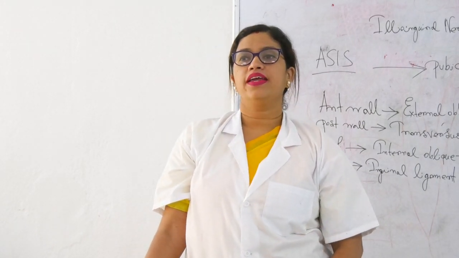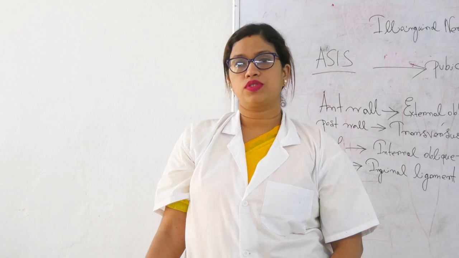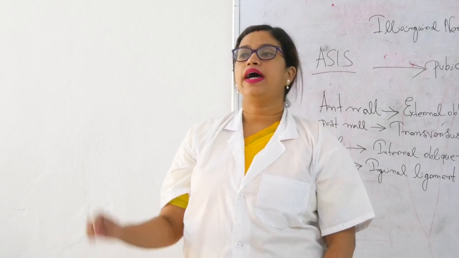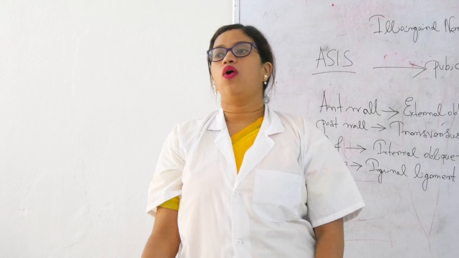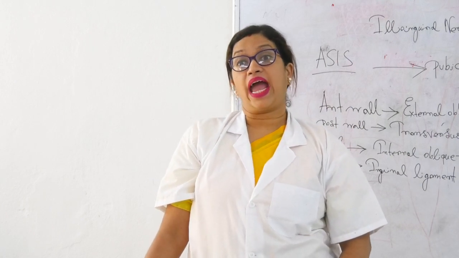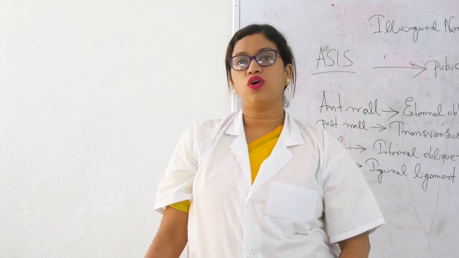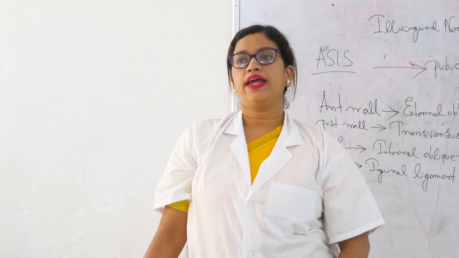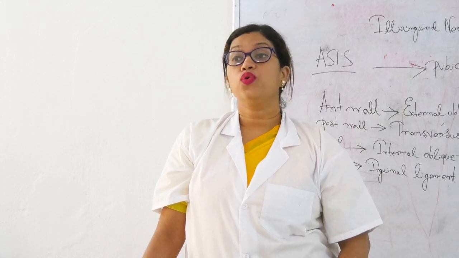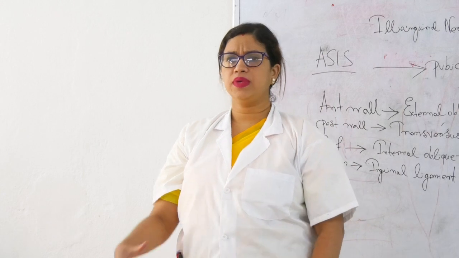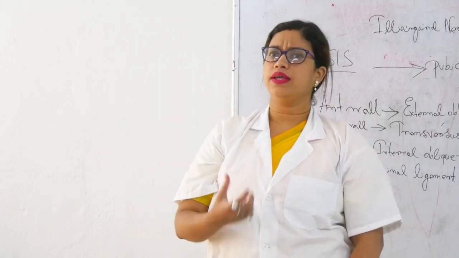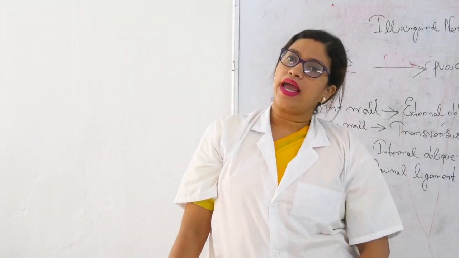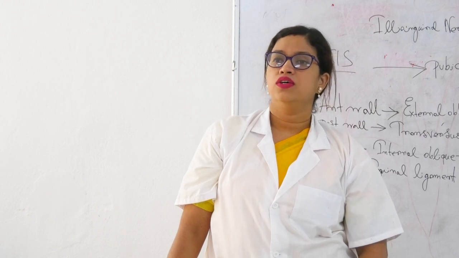Write it down: direct or acquired. It is also called acquired. Direct or acquired inguinal hernia. Acquired पता है ना? Means after birth you are acquiring this thing. Okay, direct or acquired inguinal hernia.